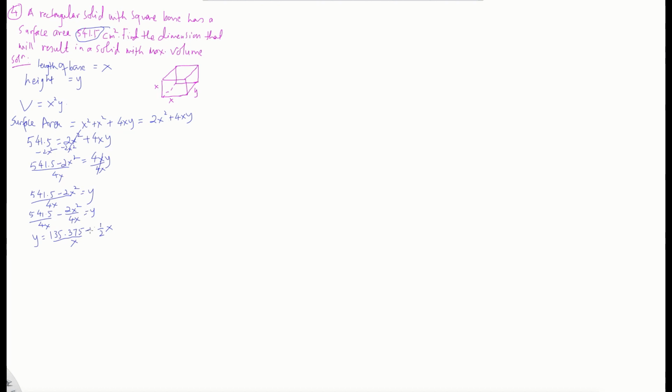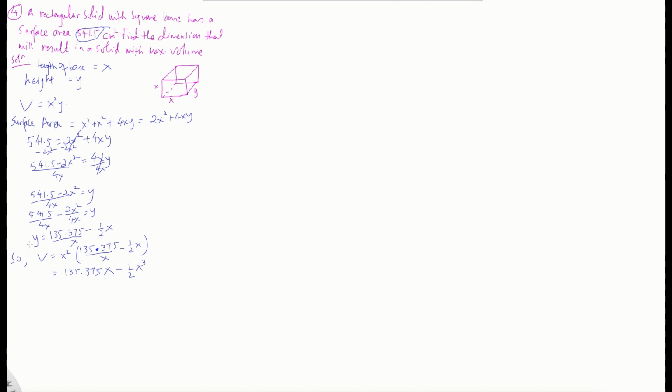Now we want to plug this into V, so V equals x squared times y, which is 135.375 over x minus 1/2 x. If you distribute the x squared, you will get 135.375 x, because x squared divided by x is x, minus 1/2 x to the third.